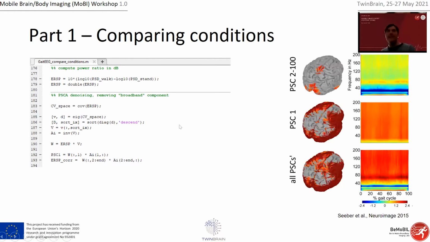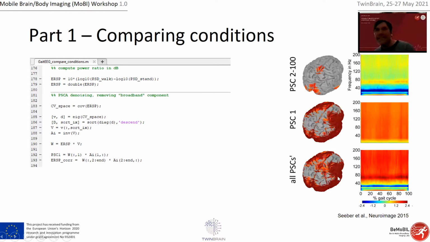The idea is that we have a representation of these already computed without any correction so far, meaning we have some physiological activity plus some broadband noise.